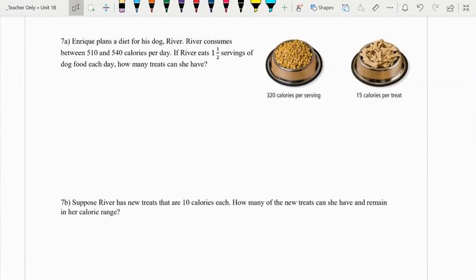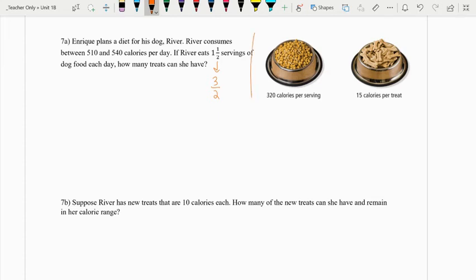All right, so we have one word problem to talk about. It says Enrique plans a diet for his dog, and his dog's name is River. River consumes between 510 and 540 calories per day. If River eats 1.5, which I'm probably going to use 3 halves as my fraction, servings of dog food each day, how many treats can he have?